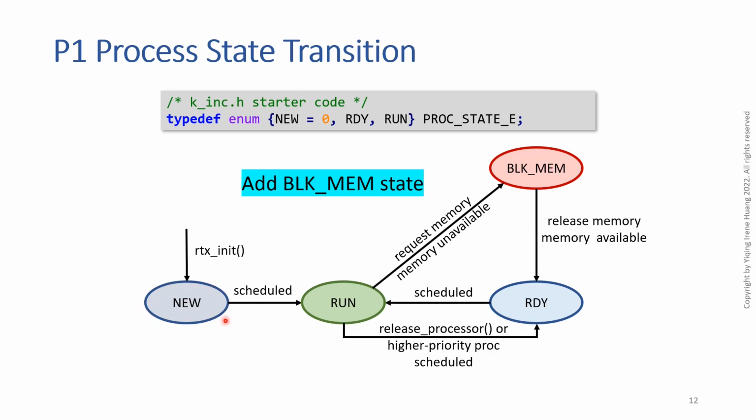Why are we doing this? Purely for programming convenience. When we start a process that has never been run before, the way we program it is different from when we resume a process that has already been run at least once.